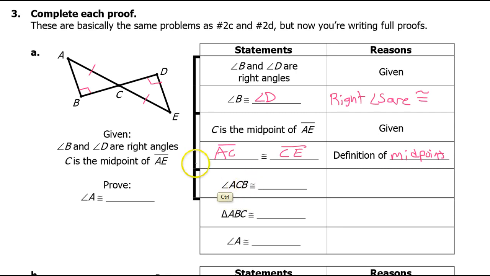Angle ACB, okay, ACB is right here. What's that going to be congruent to? Well, we are talking vertical angles, so that will be congruent to angle ECD, because vertical angles are congruent.